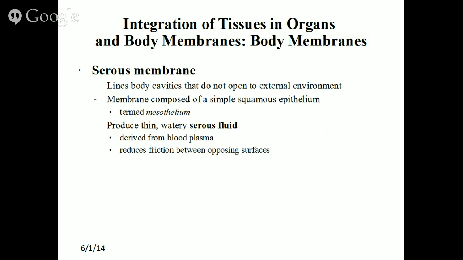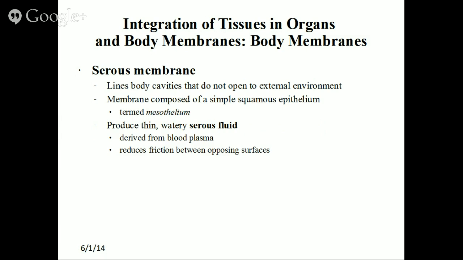You usually have serous membranes in between internal organs. This is very important because when you're lying on your couch taking a nap and you start rolling around, the internal organs within you begin to slip and slide against one another. They begin to move against one another.